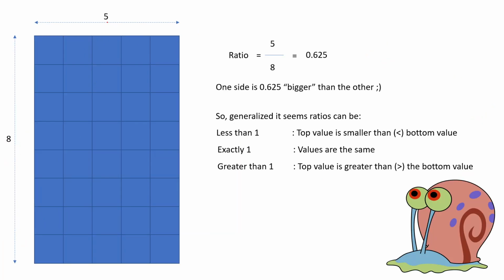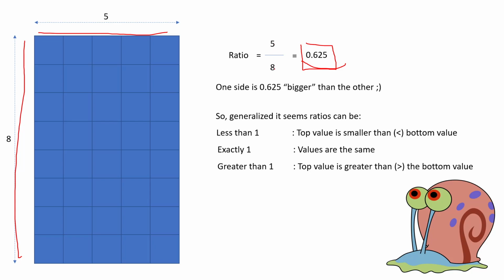Here, for example, you have 5 units in width and 8 units in height. If you divide those two, 5 over 8, you get a number of less than 1. The previous numbers were greater than 1. This is actually smaller than 1. It also means that by looking at this number, we know that the top quantity will be less than the bottom quantity.